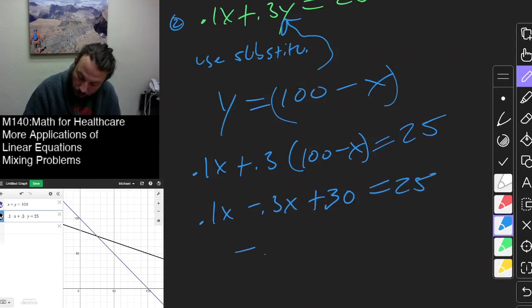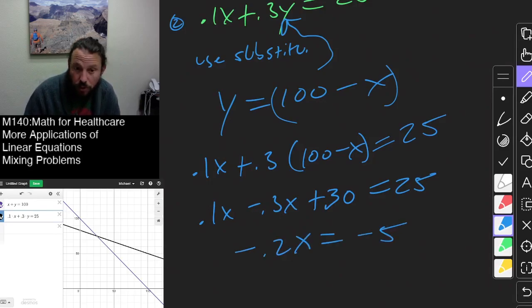We get negative 0.2x equals negative 5. When I divide both sides by negative 0.2, which is really multiplying both sides by negative 5, I want you to think about why that's the case, or use a calculator as well. That's fine. So x equals 25.